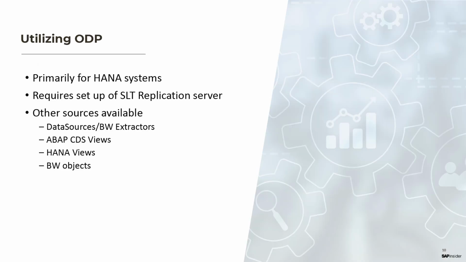So this was the first of the two options. Again, what I just spoke about here had the prerequisites that you are on an SLT server or you utilize an SLT server. And you're either on an S/4HANA system or you're on a later ECC system that supports ODP. I mentioned in this case we were focused on table-based replication, but as I mentioned, one nice thing about ODP is that you can choose other sources, things like HANA views, CDS views, BW objects, and others.